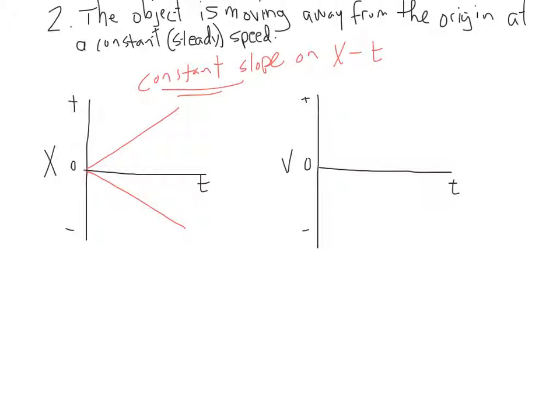Now, also, this would work. And so would this. And so would this. And so would that. Why would all of those work? Because this statement says nothing about where the object starts. It says it's moving away from the origin at a constant or steady speed. So, first of all, it doesn't tell us the direction.